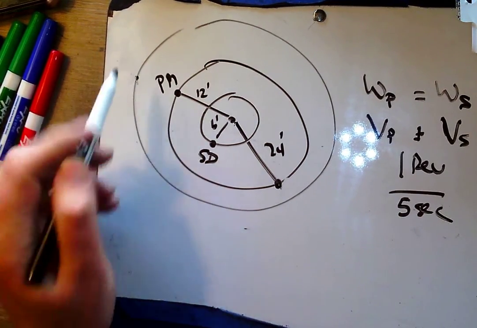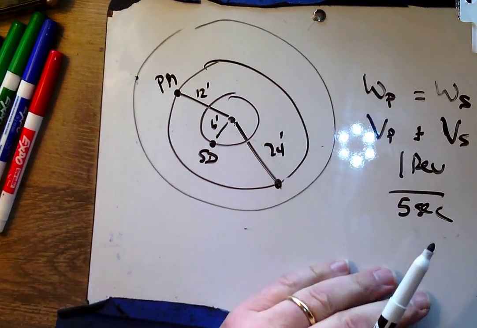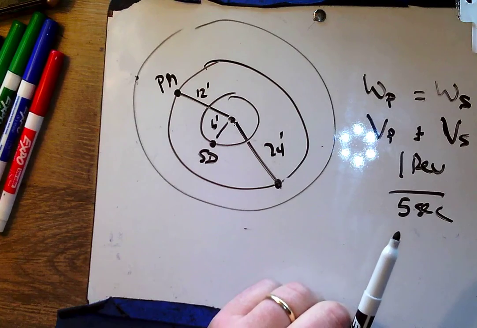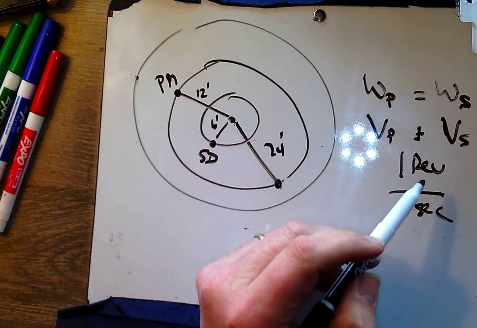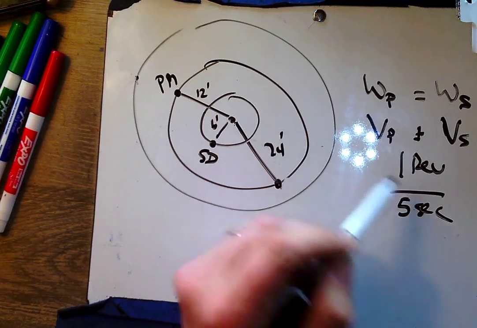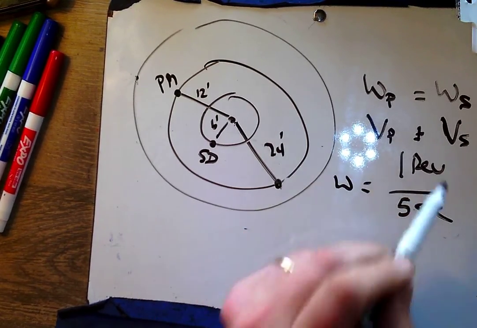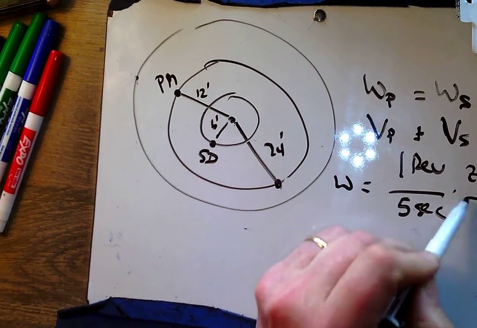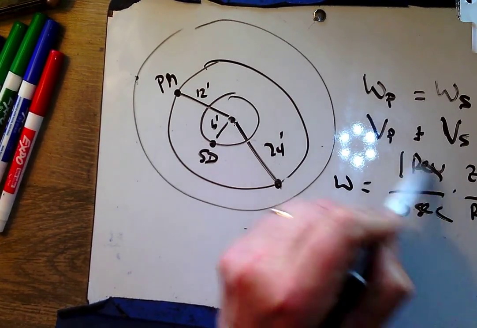Okay, so what are we looking for? Part A says find the angular speed of the sea dragon in radians per second. Well, this is the angular velocity everywhere on the spinning disk, except it's in revolutions per second. So let's multiply by 2 pi radians per revolution.